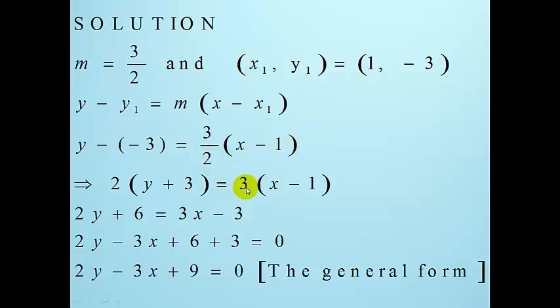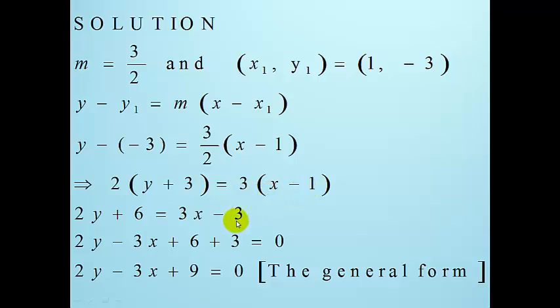So we are left with 3 into bracket x minus 1. Now let's expand the bracket. We have 2 times y, which is 2y, plus 2 times 3 is 6. This is equal to 3 times x is 3x, and 3 times minus 1 is minus 3.